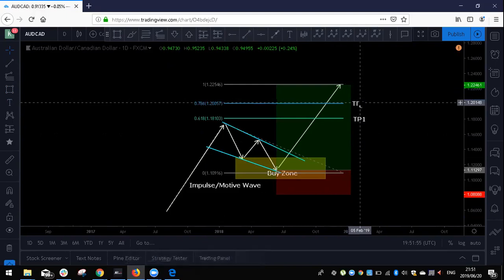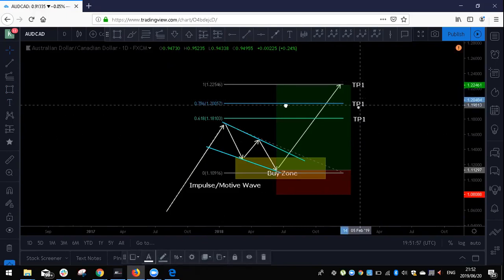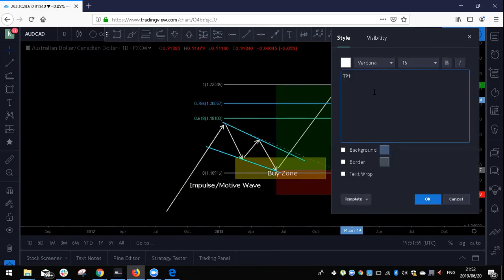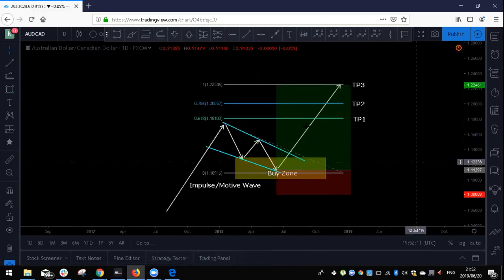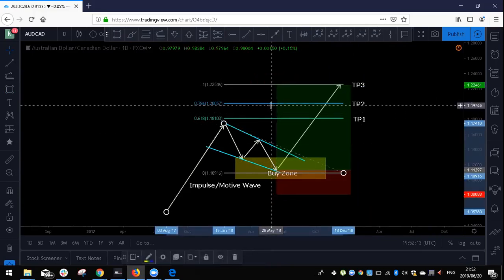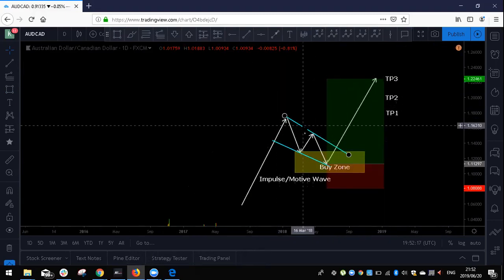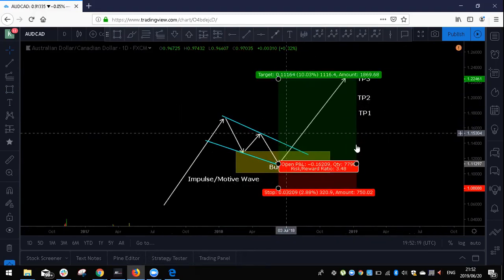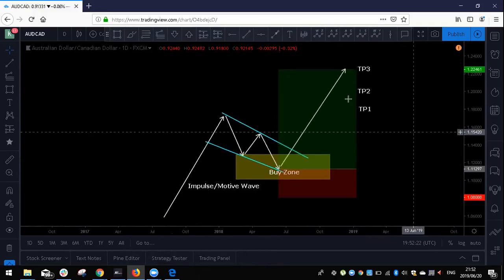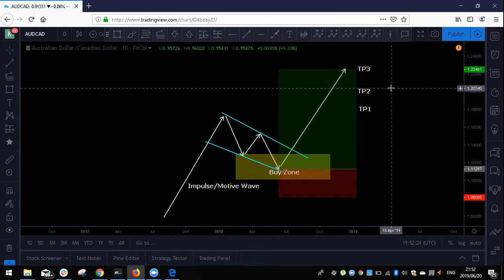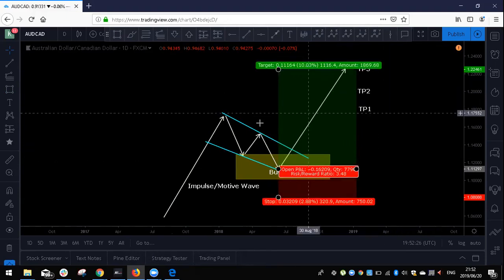TP2, TP3. TP3 like this. Okay, then you can remove your tool. You see, this is how I keep my charts looking very clean. Because you just pull your Fibonacci, you measure those levels you need, and then you remove it.